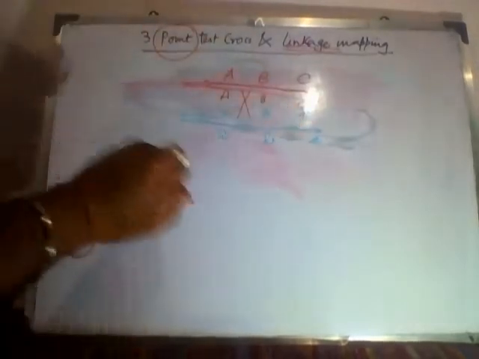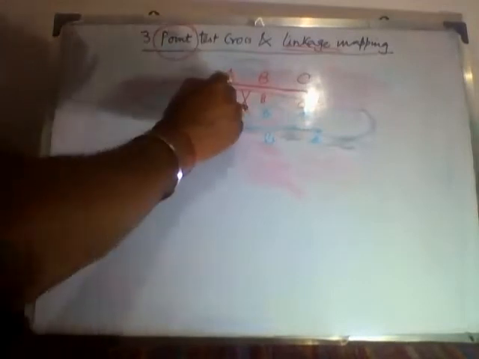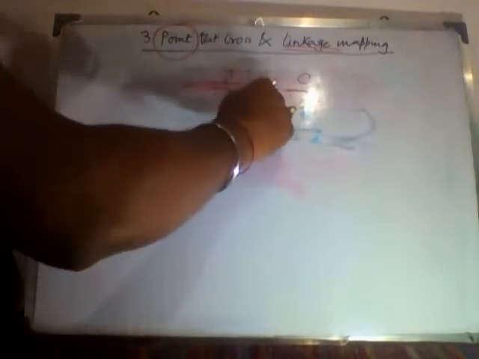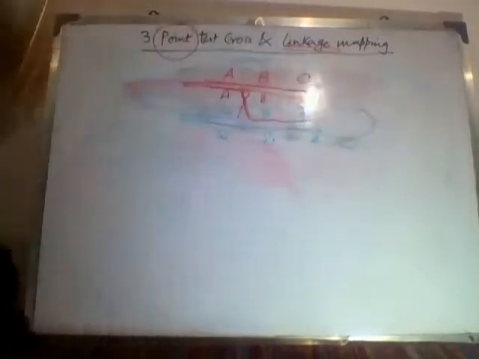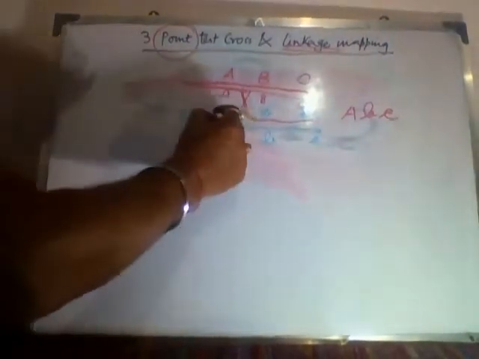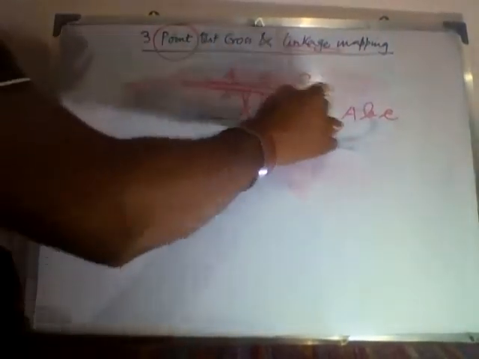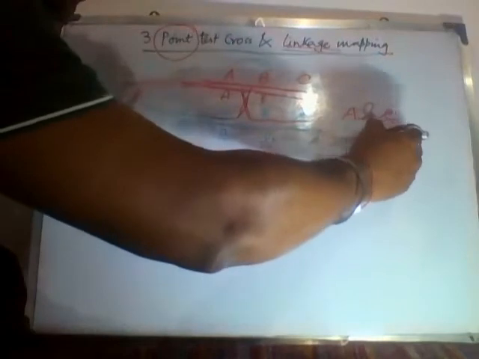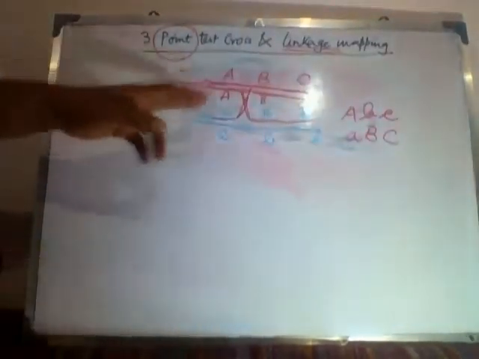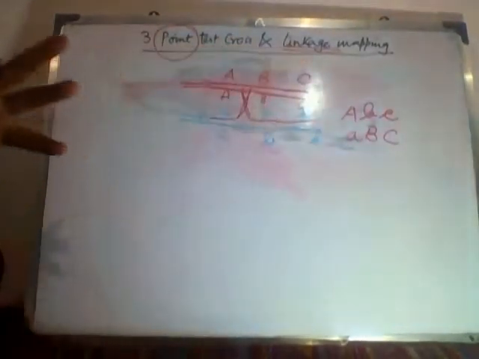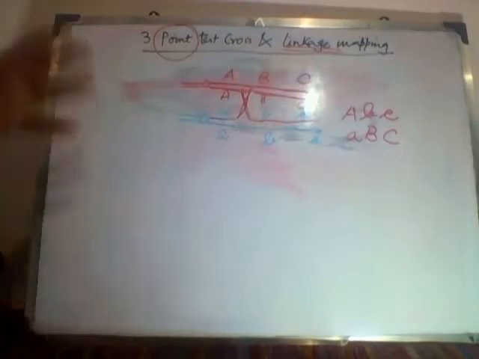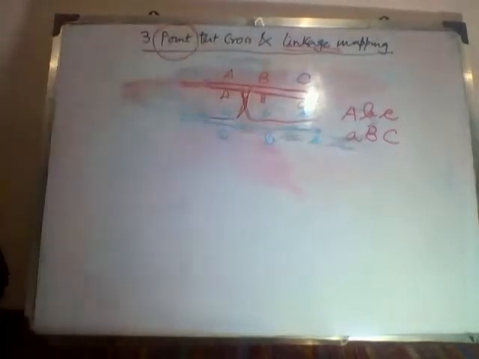Now this will give rise to gametes capital A, small b, small c, as well as small a, capital B, capital C. These are the two recombinant gametes that can form through recombination between the A and B genes.